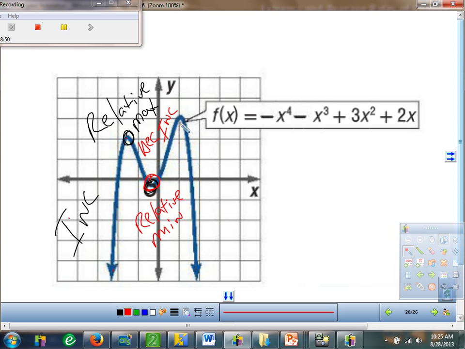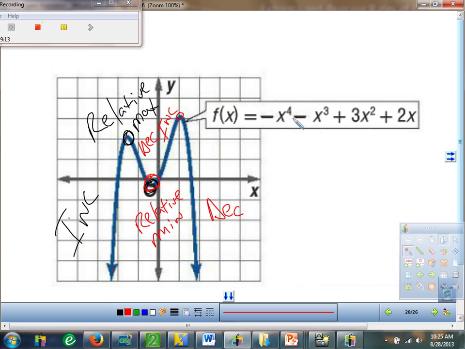And then from here down, we're decreasing. So we're just going to label it. We're increasing, then decreasing, then increasing, and then decreasing. So this is a relative max, relative min, because again we have the arrows pointing down.